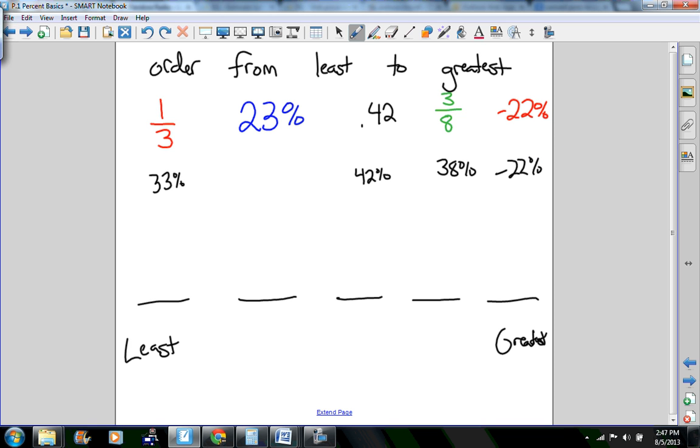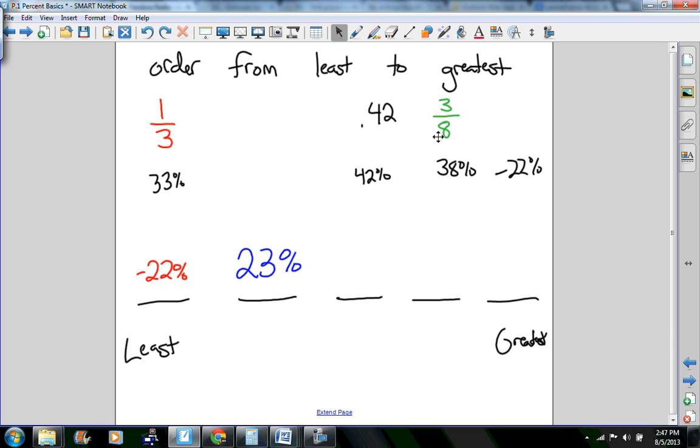So negative 22% should be first. Second should be 23%. Third should be 3/8. Fourth should be 1/3. And fifth should be 0.42. Okay, any questions on that? Make sure you ask me.